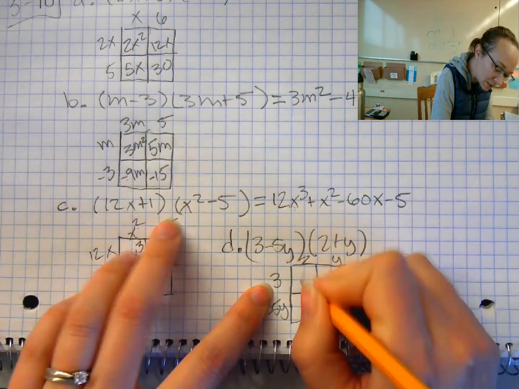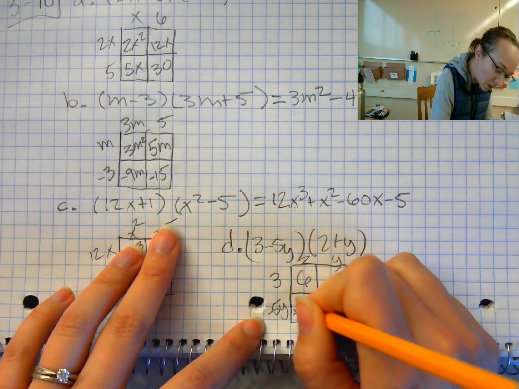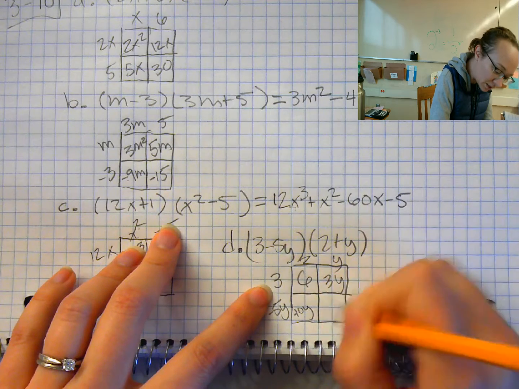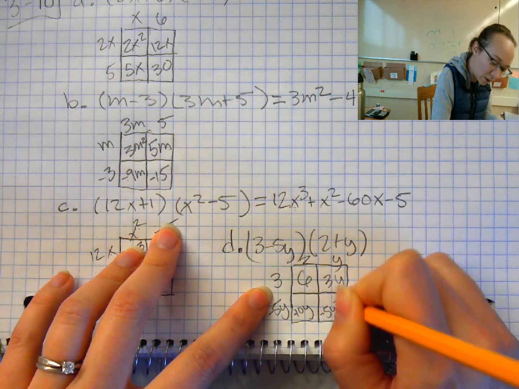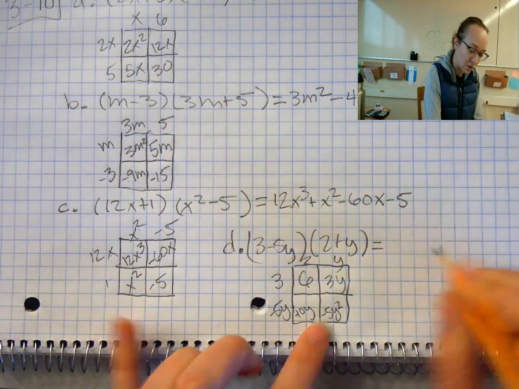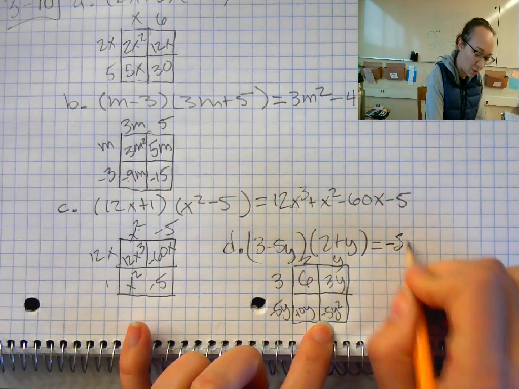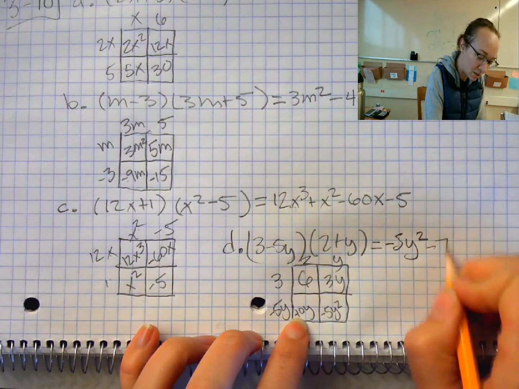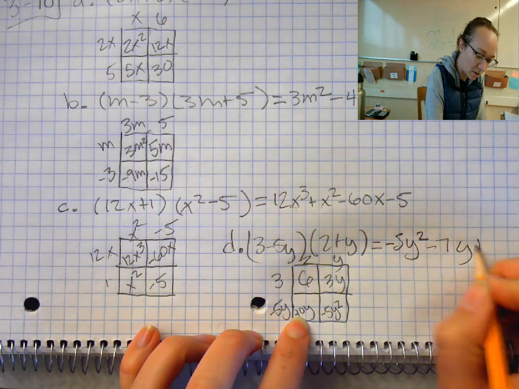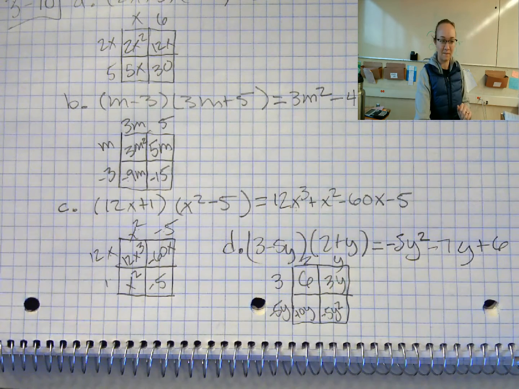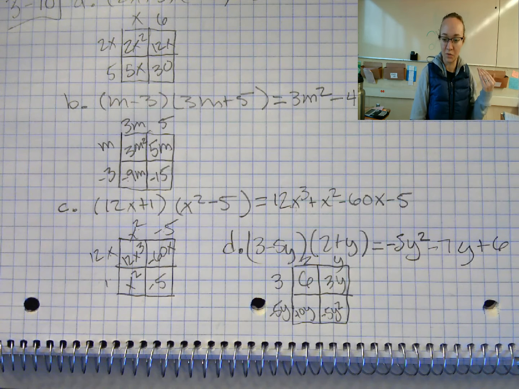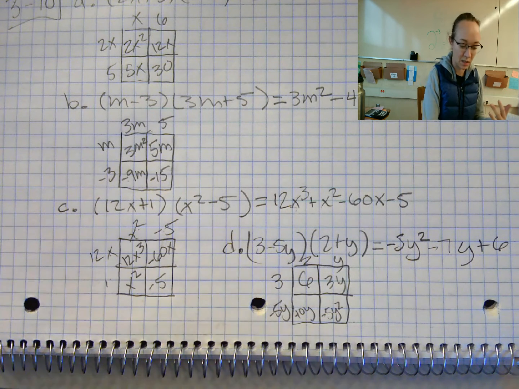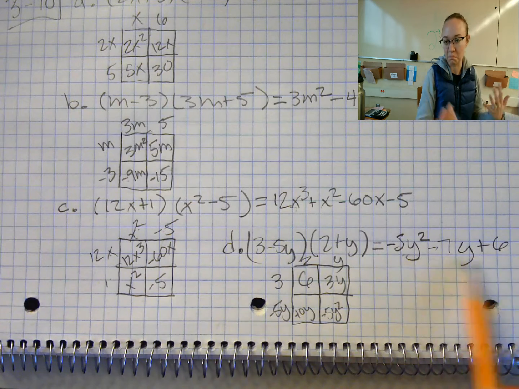That'll give me a 6, a negative 10y, 3y, and a negative 5y squared. So that gives me negative 5y squared, and then minus 7y plus 6. And for any of these, if you wrote the terms in a different order, that's totally fine, right? Like the answer key, I think, had this one in a different order. No big deal.